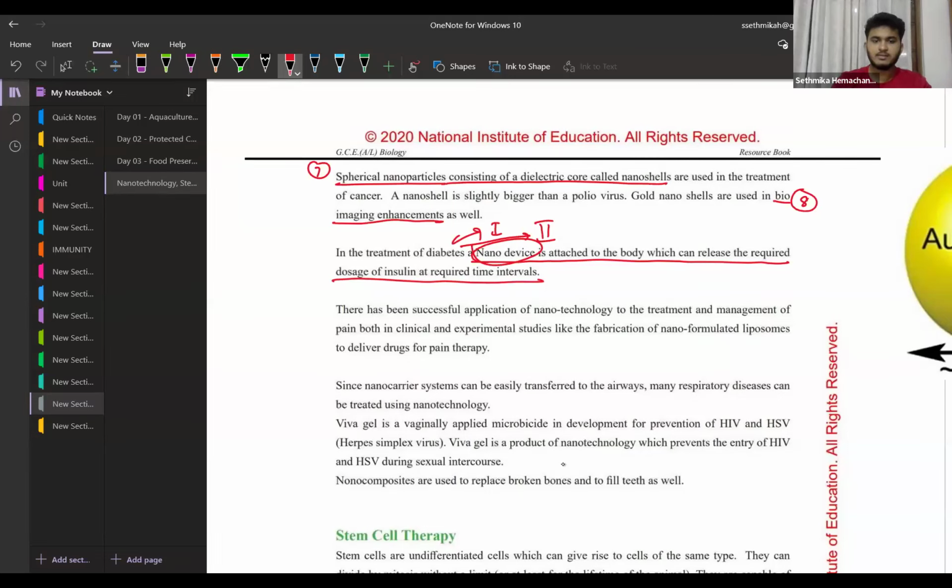Okay. This device stores enough insulin. I'm not really sure. I don't think it stores. Let me check that.